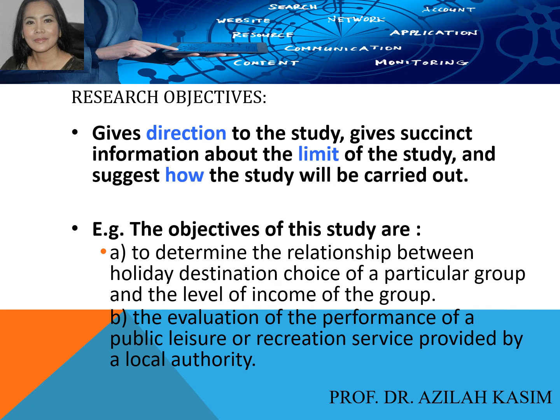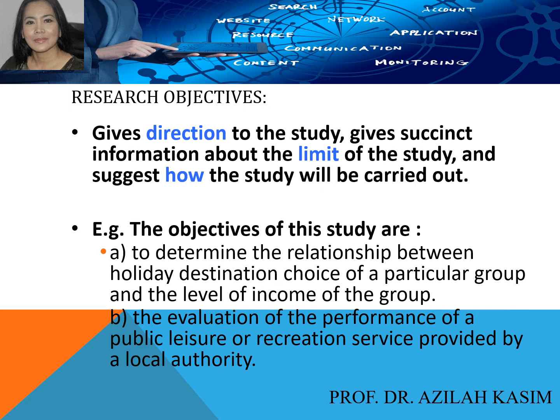So this already shows what is the IV and what is the DV. The level of income will be the independent variable affecting the dependent variable, which is destination choice. That's the logic of it.